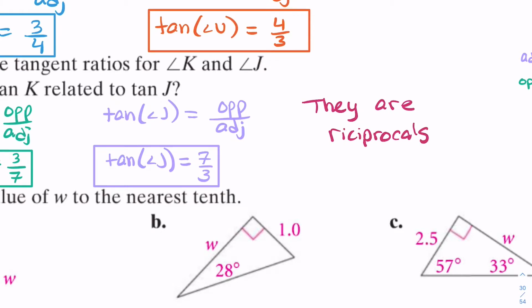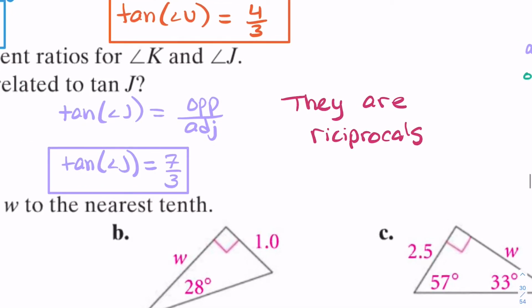Let me look up to make sure that's spelled correctly. Reciprocal. Yep, that is correct. I am going to clean it up though. They are reciprocals. And a reciprocal, it's the product of one.